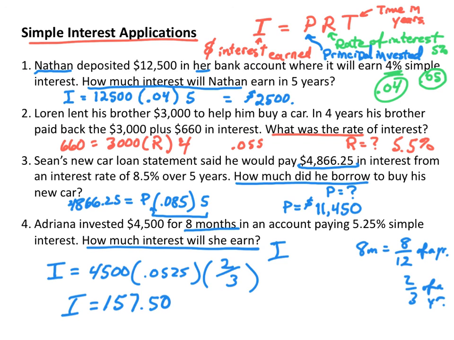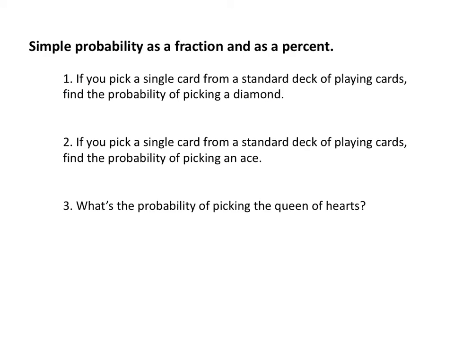Okay, and the last thing we have to do is just a little bit of probability so that we can express it as a fraction and a percent. I should have actually put this at the beginning because we're just changing fractions to a percent. But you should know about simple probability, and probability is a fraction described like this. It's the number of successful outcomes, S-U-C-C-E-S-S.